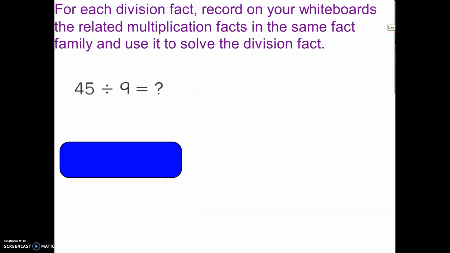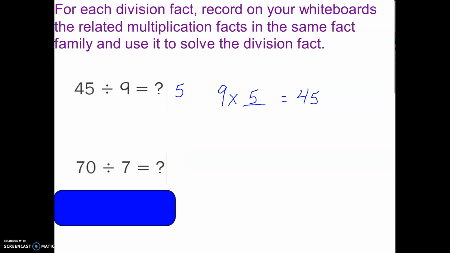45 divided by 9. Write that related multiplication fact. 9 times what number equals 45? 9 times 5 equals 45. So 45 divided by 9 is 5. And the last one will be 70 divided by 7.